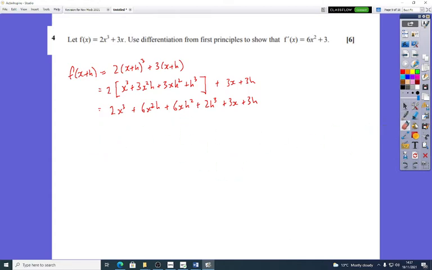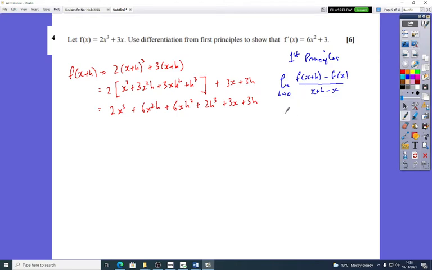So let's start putting our first principles rule down. You should know this, I'm just going to put it here. First principles: f of x plus h minus f of x, all over, now you can do x plus h minus x, actually I'll put it there, and the limit as h tends to 0.